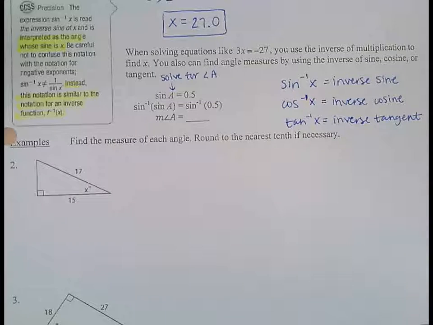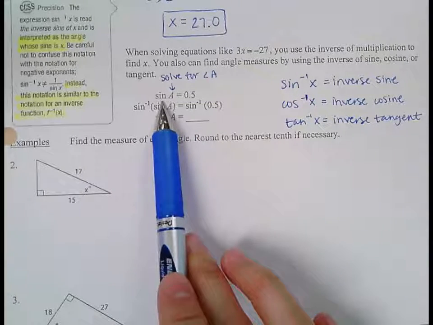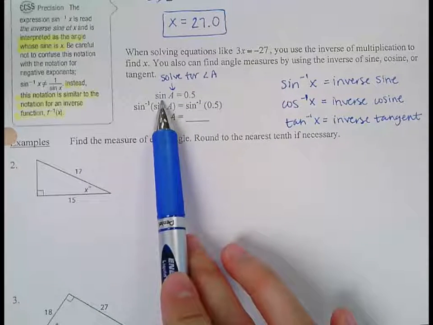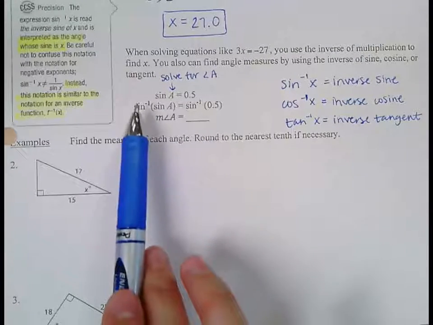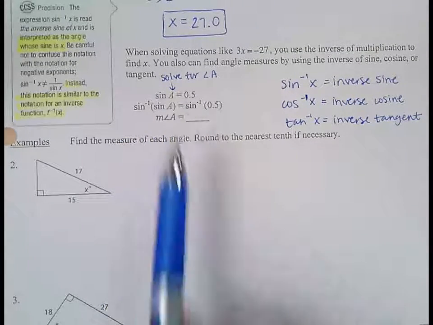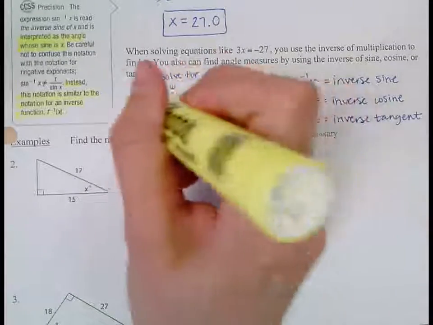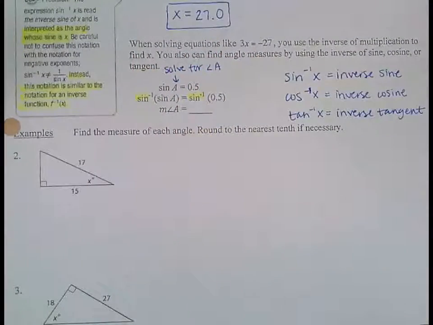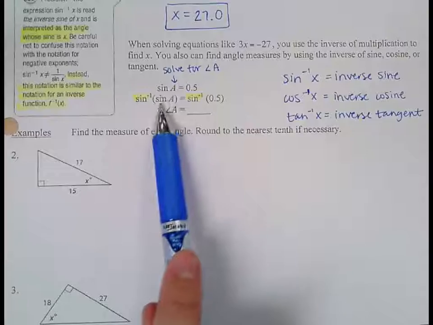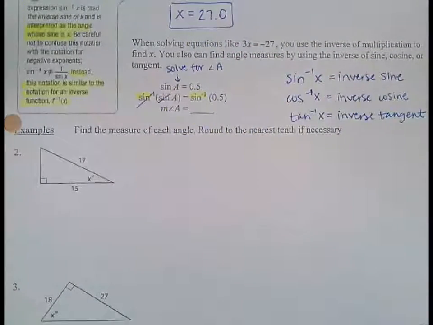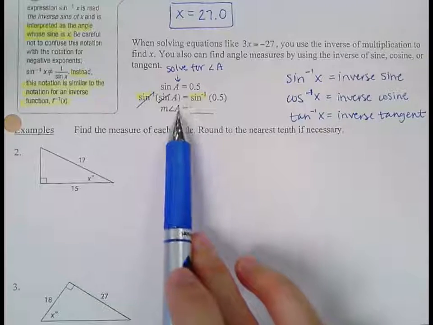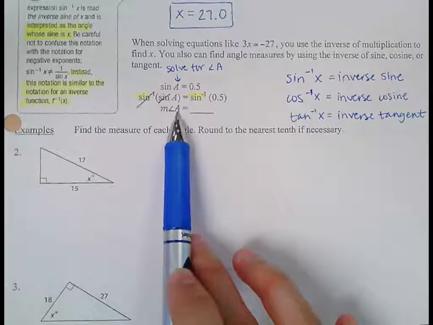It's always sine of something else. So you can't just divide by sine. So rather than dividing by sine, since that is impossible, you take inverse sine of each side. And inverse sine and sine cancel each other out because they're inverse functions, and you're just left with A, so you're finding the measure of angle A.